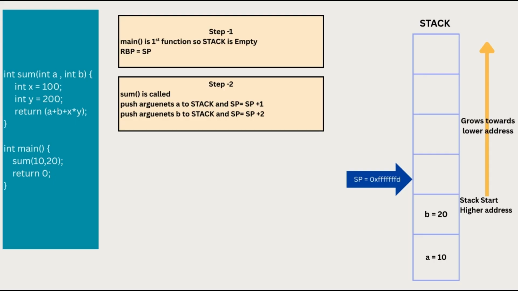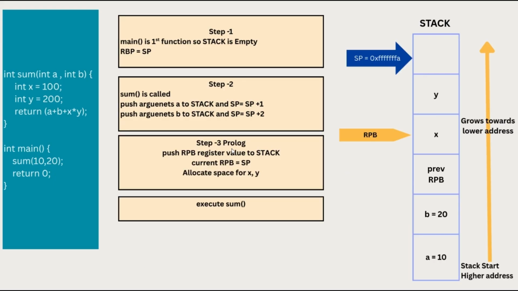Next, once you did this, the prologue happens. What happens in the prologue? It will take the previous caller's base pointer, since you called from the main function, so the main function's base pointer address will be stored here.